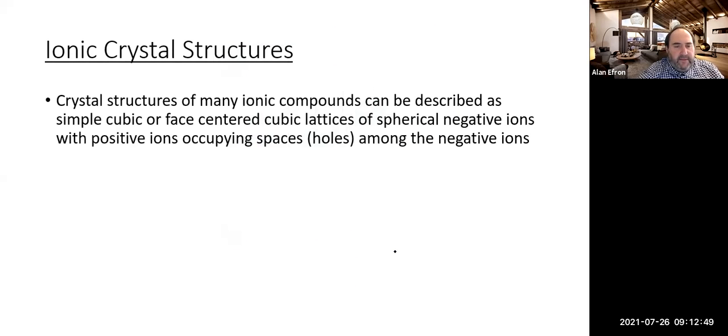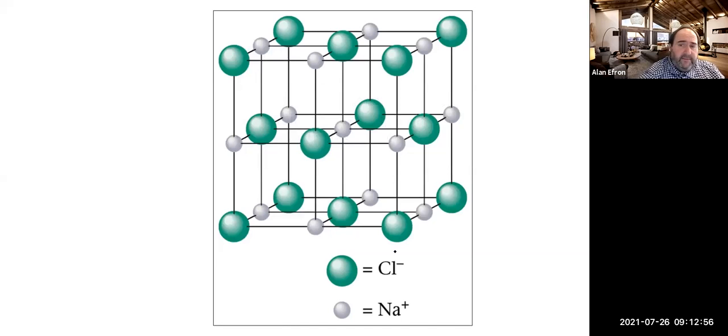A very common crystalline structure is from an ionic compound, and ionic compounds arrange themselves in this really repeatable pattern, as you can see here, with negative ions, positive ions, negative ions, positive ions, negative ions.